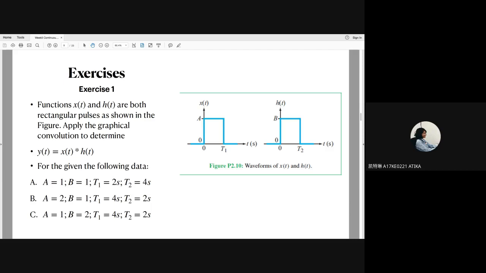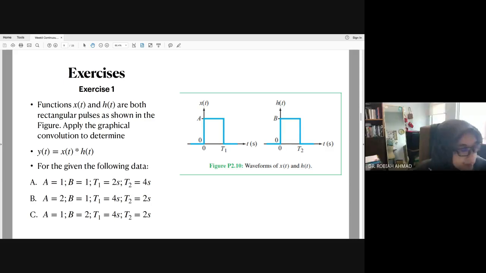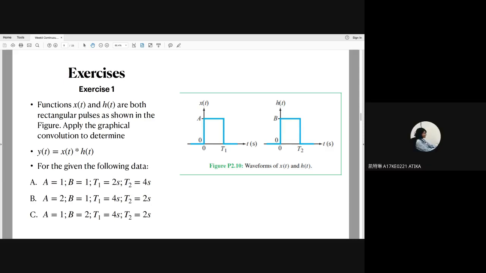Boleh? Doctor, the convolution, is it the area of overlapping? Yes, yes. Oh.